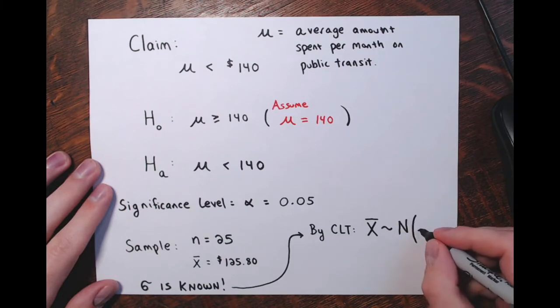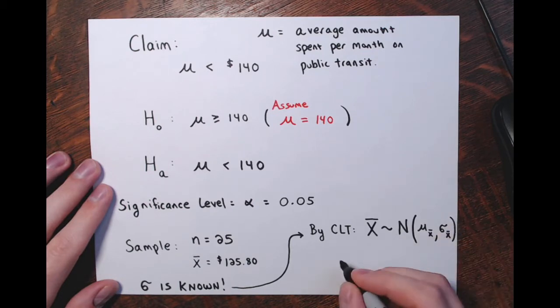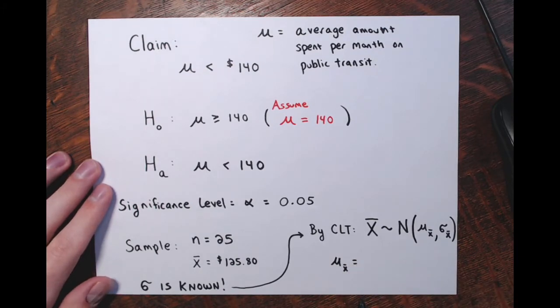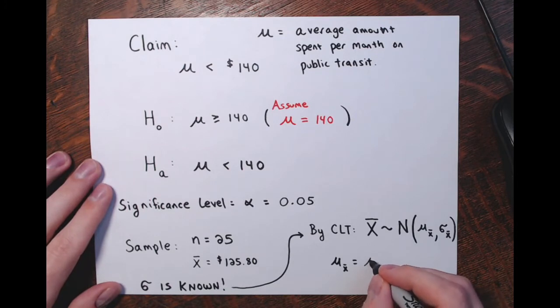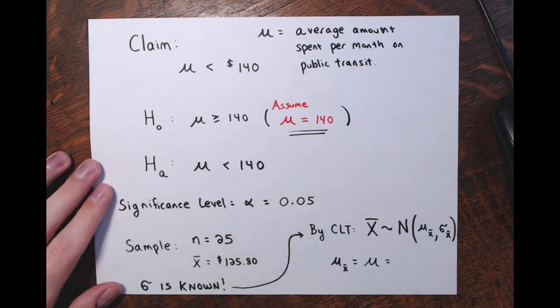distribution with a mean called mu X bar and a standard deviation called sigma X bar, where the mean mu X bar, remember, the mean of the sample means, was the mean of the population, mu. And from the null hypothesis, what we're going to do is assume that the null hypothesis is true, and then decide later whether or not we like that.